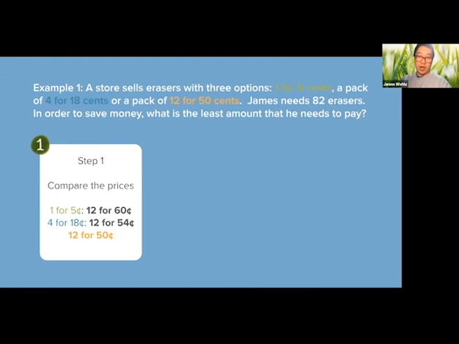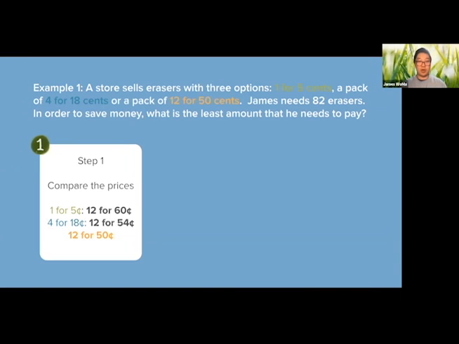So what I would do is pretty similar to what they mentioned. So first, I'd compare the prices and see which of these three options is the cheapest. Because basically, if you go for the cheapest amount, you can't really go wrong. If you look through it, you might see the one common factor that you can go to is, let's say I try to buy 12.